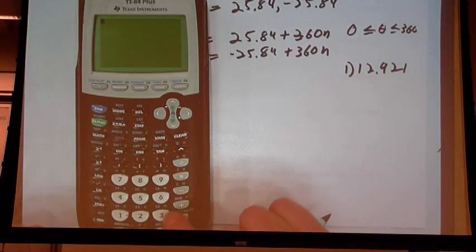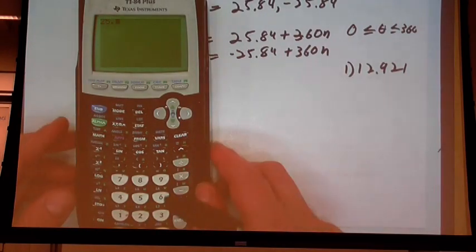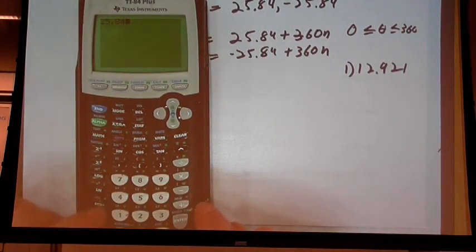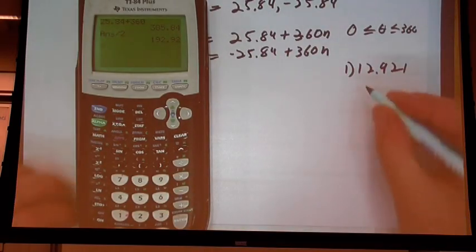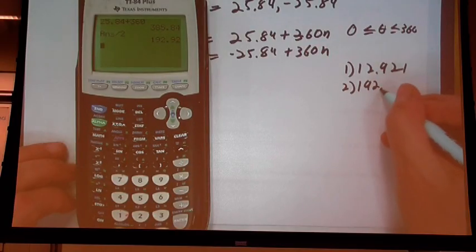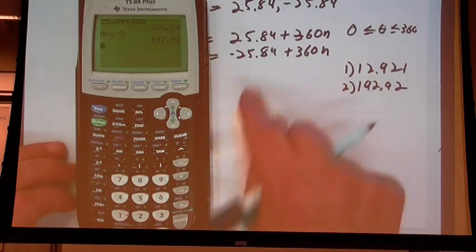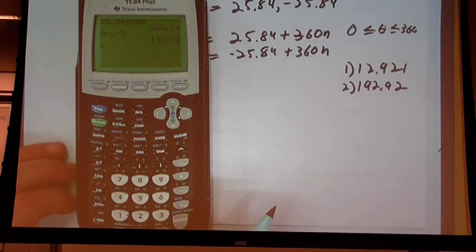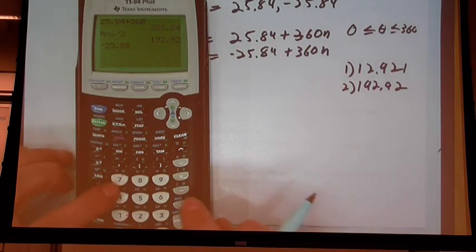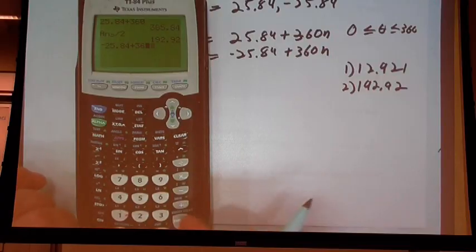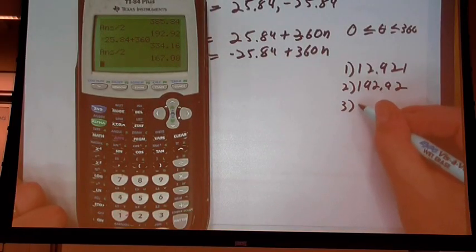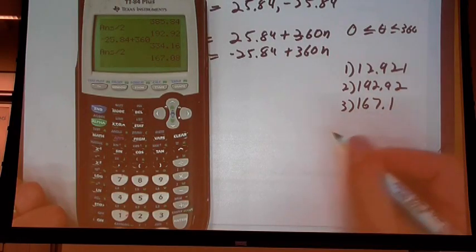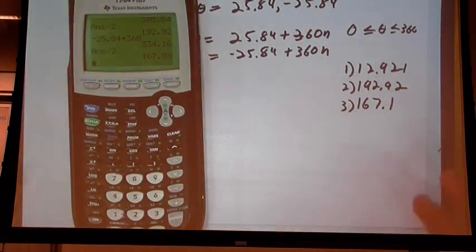Let's say 25.84 plus 360 and divided by 2, that gives me 192.92. And let me add minus 25.84 plus 360. Divide that by 2. That gives me 167.1. And now I want to try adding 720 to each of them.